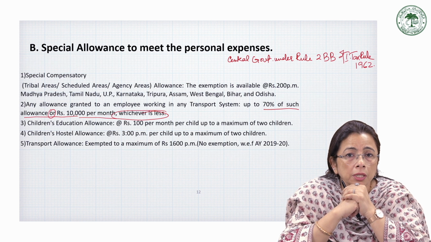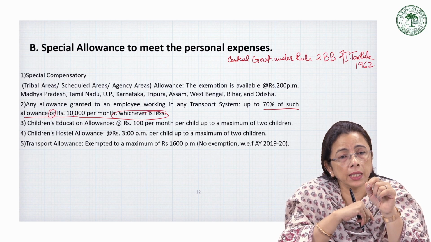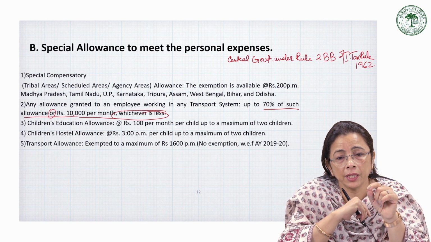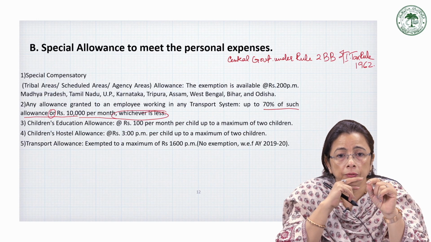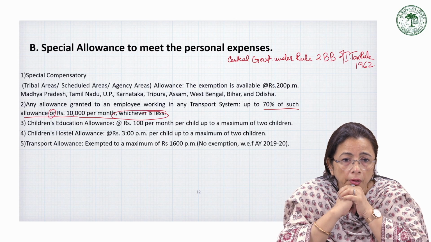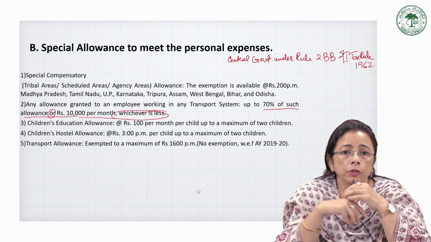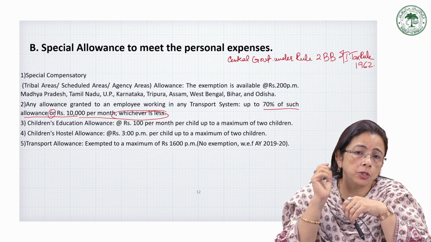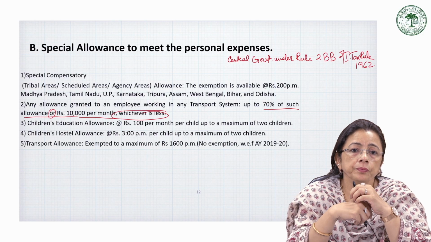Now the total amount he is receiving from his boss is rupees 1,000, but the exemption from this 1,000 will be only 200 rupees, that is 100 per child. Because the exemption is 100 per month, for the whole year it will be 1,200 per child, 2,400 for 2 children. So the total exemption is just 200, he is getting 1,000, and the remaining 800 will be the taxable amount.